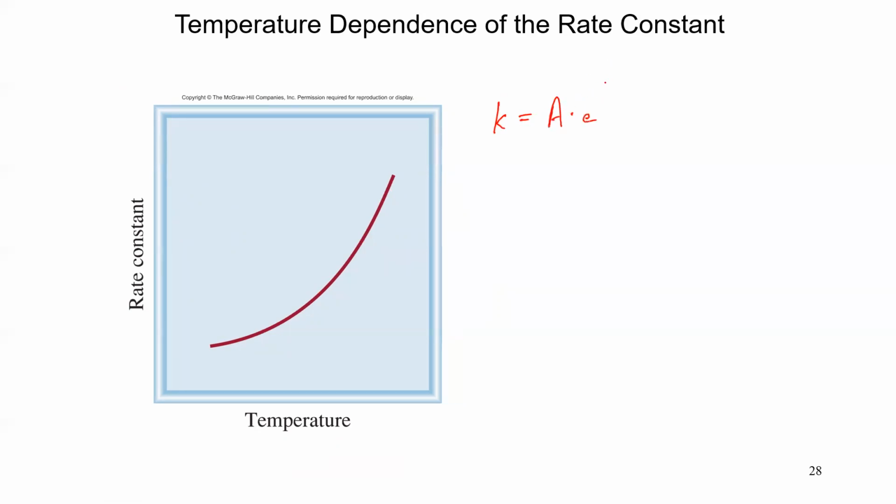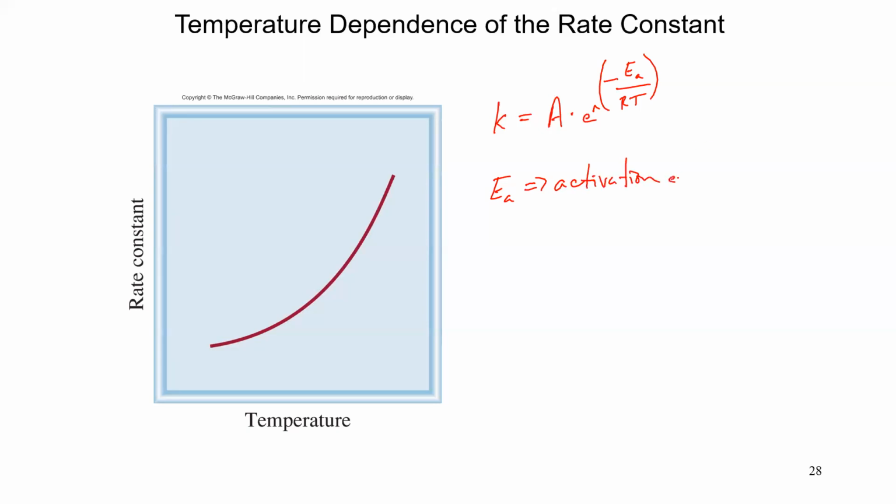Times E raised to negative activation energy over RT. Okay. And so everything up here is the exponent for E. So what do we have here? Well, K we know is the rate constant. E sub A from our previous slide is the activation energy.